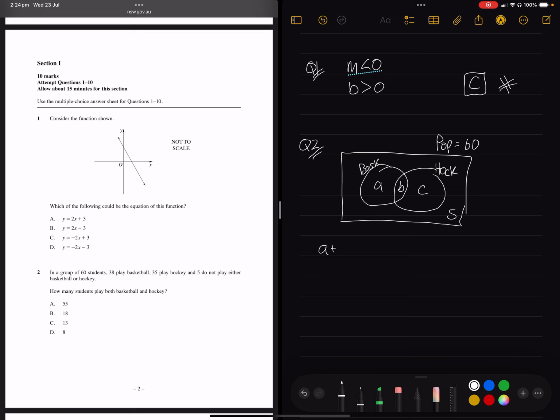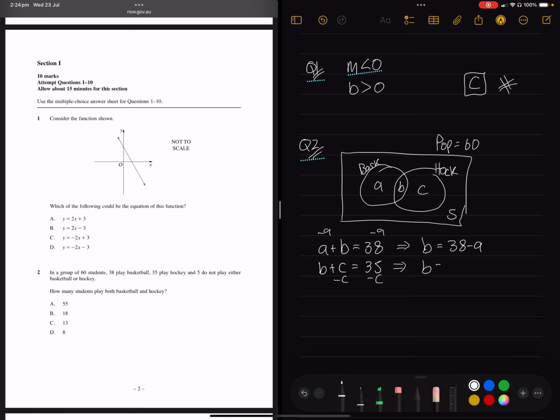We know that, and I'm going to do this in quite a formal way. We know that A plus B, the total that do basketball, is 38. And we know that B plus C, the total that do hockey, is 35. So we're going to rearrange both of these for B. Minus A from both sides in the first. This tells us B is 38 minus A. Minus C from both sides in the second.